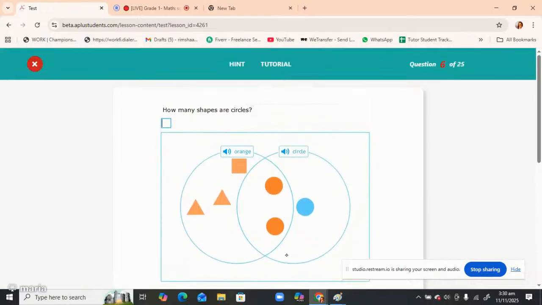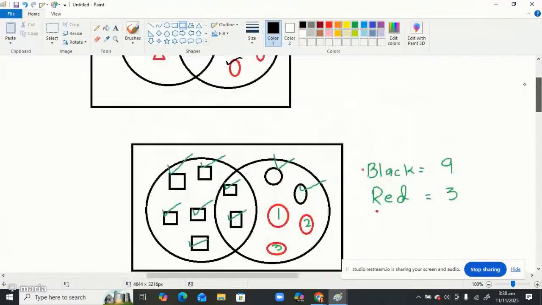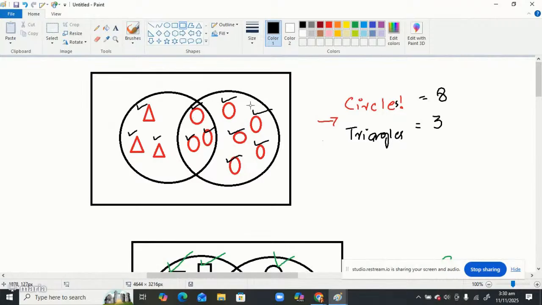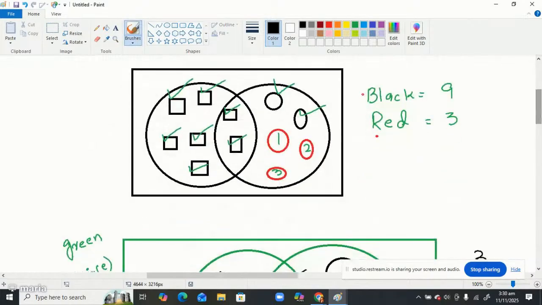Hope you guys understand this lesson. So what we have done in this one, look at here the 3 shapes. First of all, we distinguish the different shapes. Maybe sometimes they are asking how many circles or how many triangles. And maybe sometimes they are asking about the colors, how many black colors in all of it.